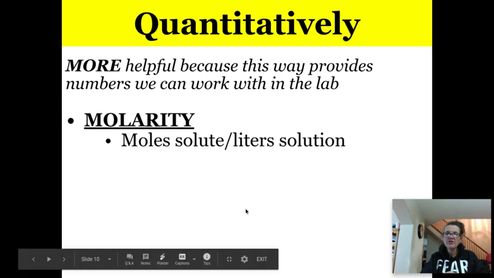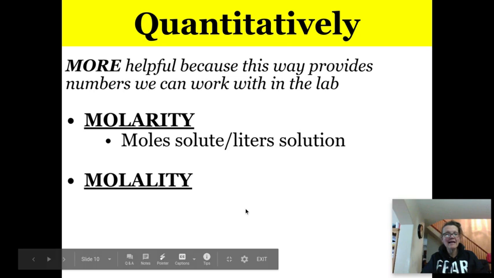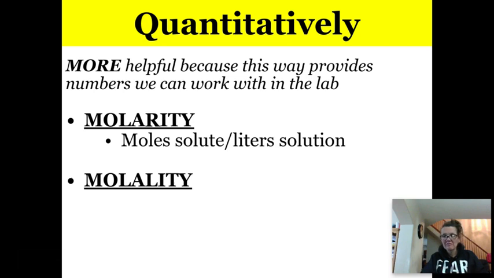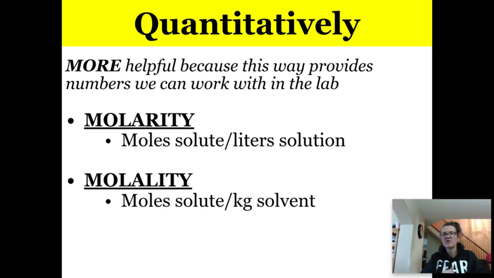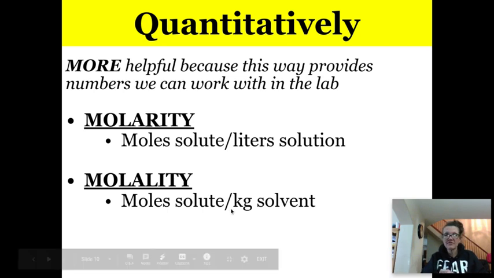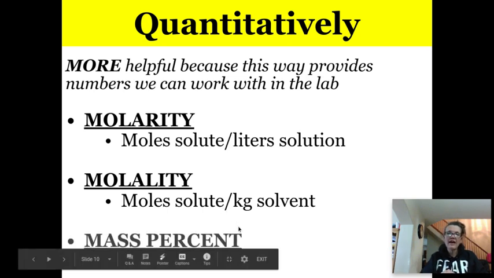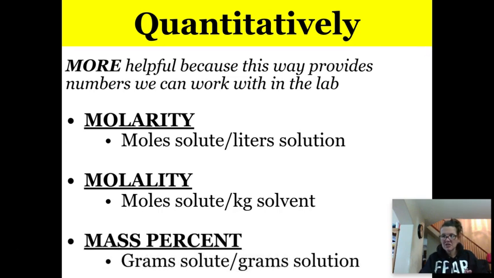The other 2 are new, and we'll talk more about those next class. We have molality, which sounds a lot like molarity, so we know moles is involved. Molality is the moles of solute divided by the kilograms of solvent. And then you also have mass percent, which is just giving you the mass of the solute in comparison to the mass of the solution.